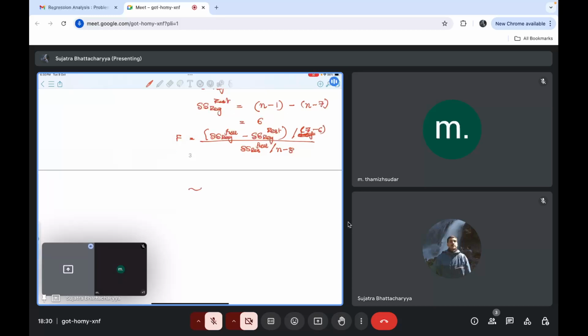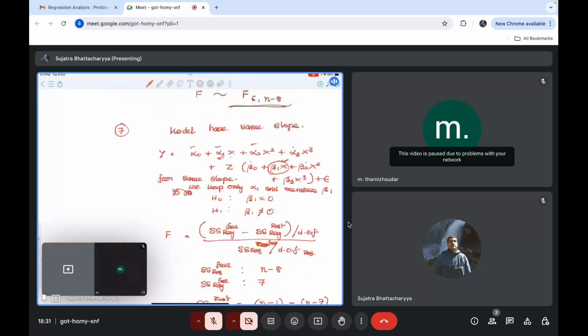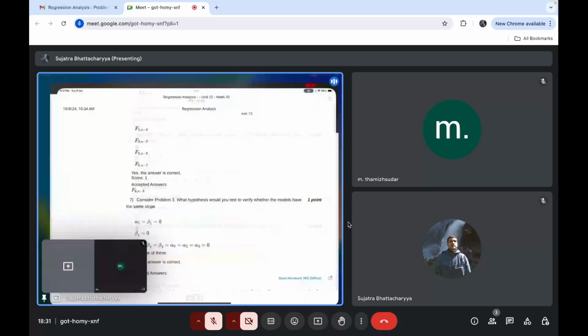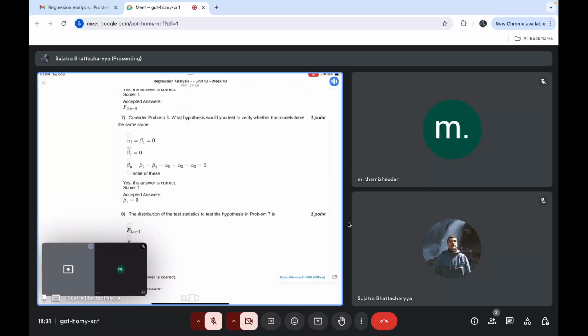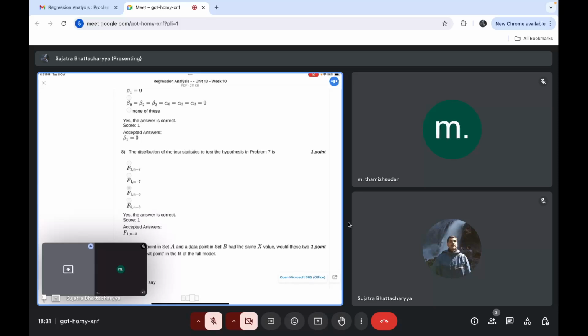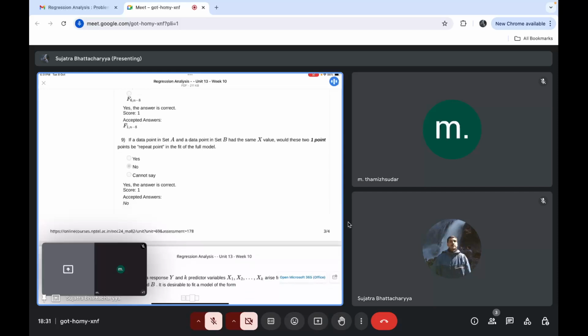So this will be equal to F of 7 minus 6 is 1 comma n minus whatever significance. Here it is 8. Just let us see. Yeah. So beta 1 has to be 0 for this, and the distribution of the test statistic is F(1, n minus 8).